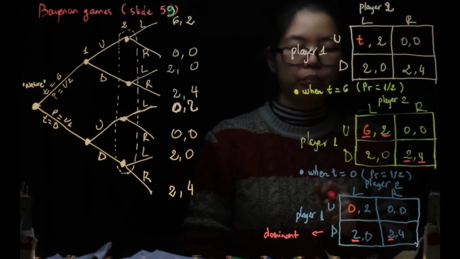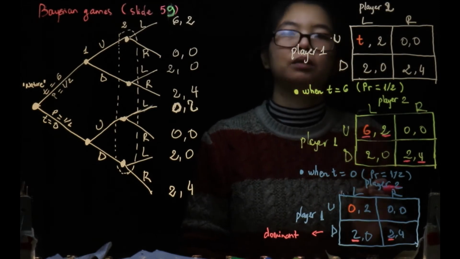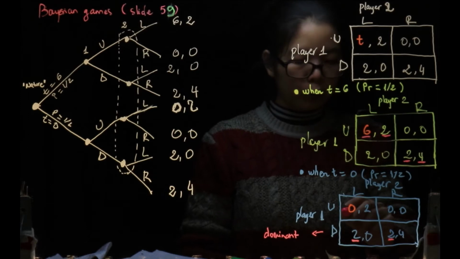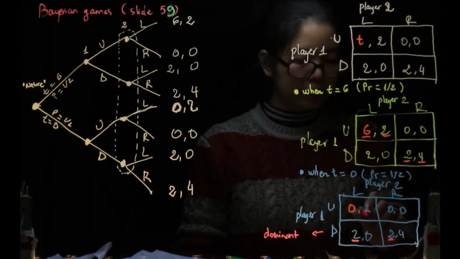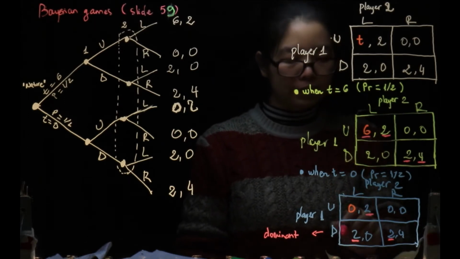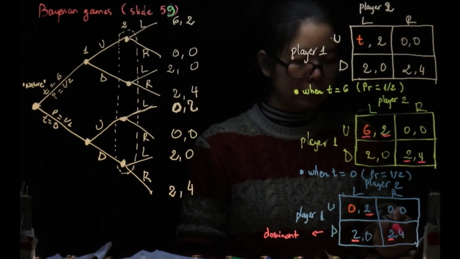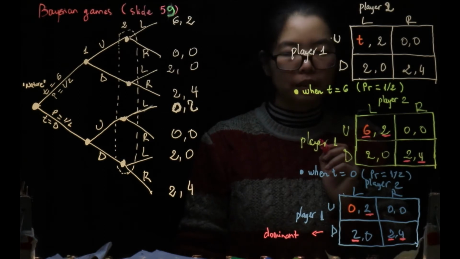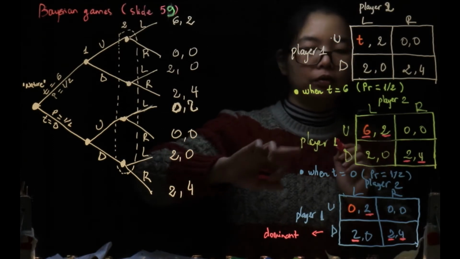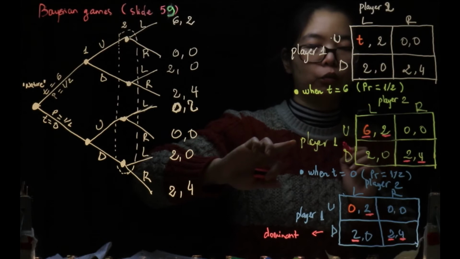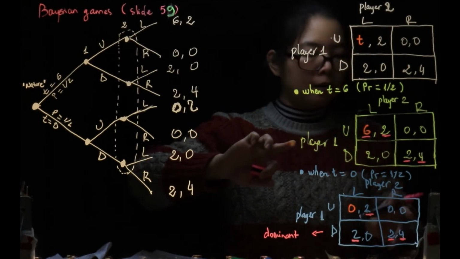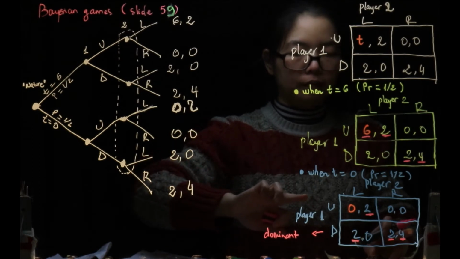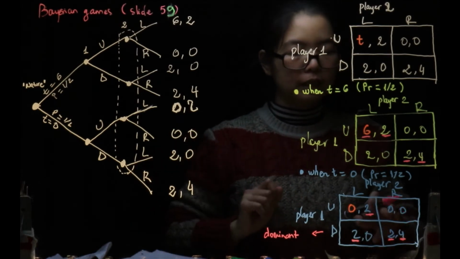Because it doesn't matter what player 2 plays, he should always play down. Okay, how about player 2? When 1 plays up, he should play left. When 1 plays down, he should play right. So he has no dominant strategy, just like in the case where t equals 6. But we still have 1 Nash equilibrium when t equals 0, which is down, right.